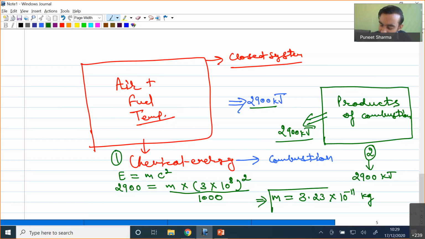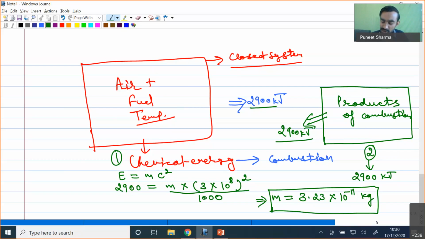So it means that while dealing with the majority of thermodynamic systems, particularly closed systems here, whatever mass change is associated with the transfer of energy is very, very small.